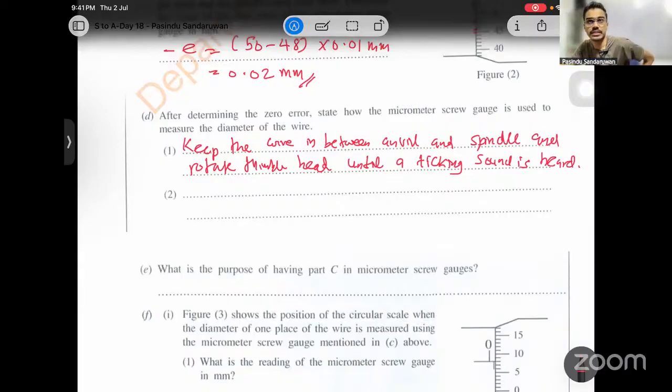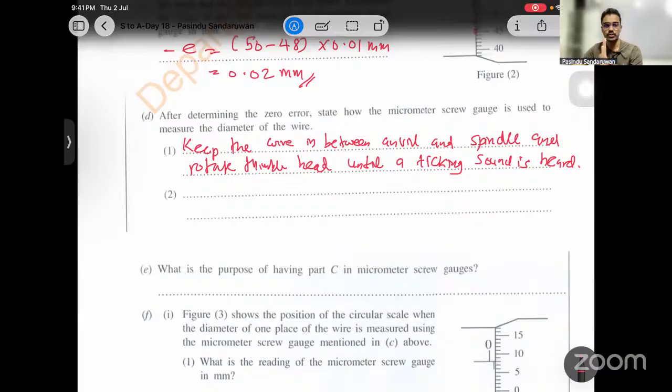We can't get satisfied with just one reading because that's a wire. The higher the number of readings we take, the higher the accuracy.